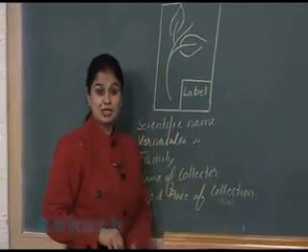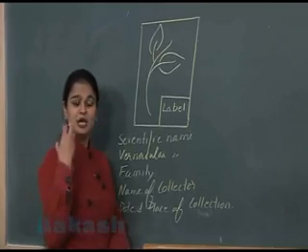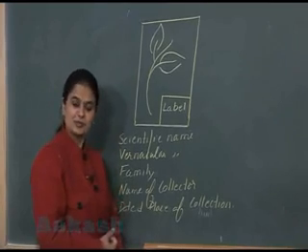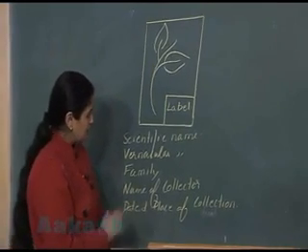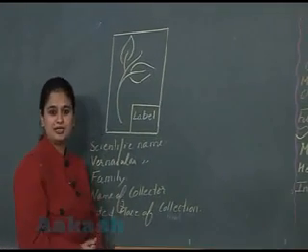Along with that, we can also write some of the economic importance, that is the utility of the plant. Right? Specimen is now totally ready. It is mounted over the herbarium sheet.